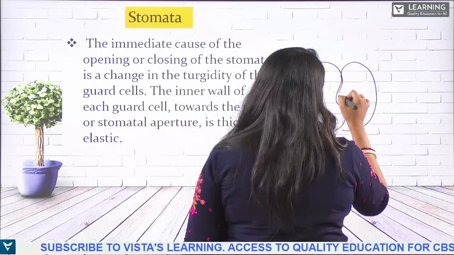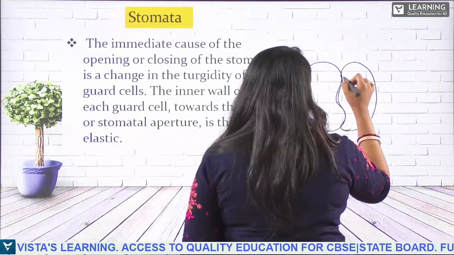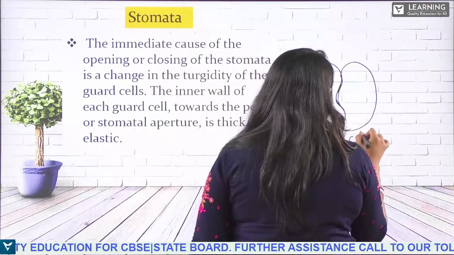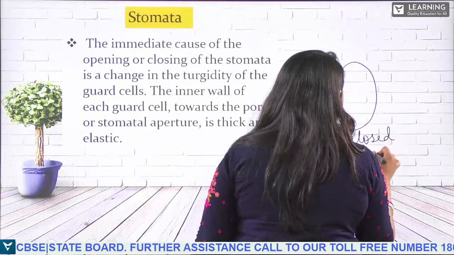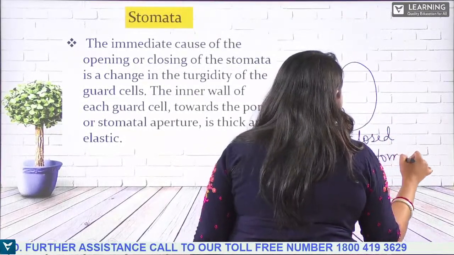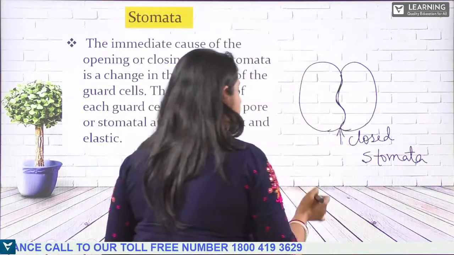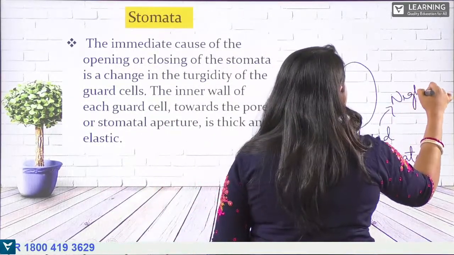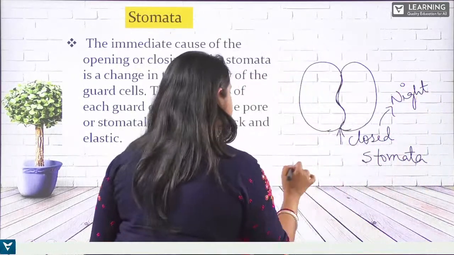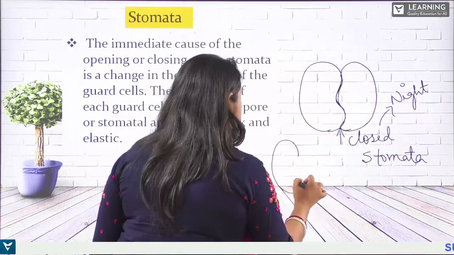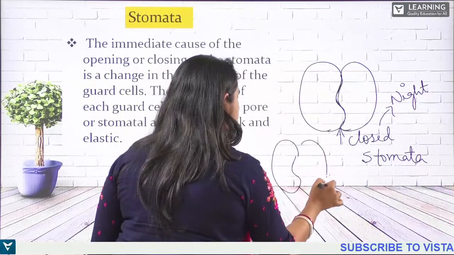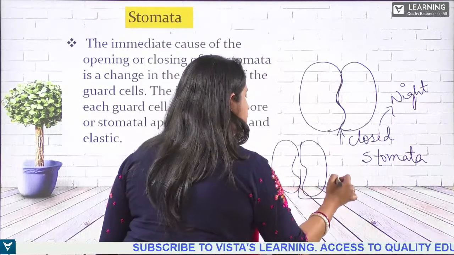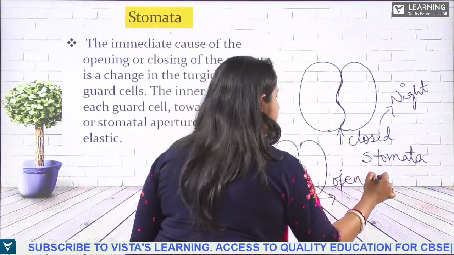This is the closed stomata. When does the stomata close? The stomata closes during the night time. And when does the stomata open? This is the diagram of the open stomata.